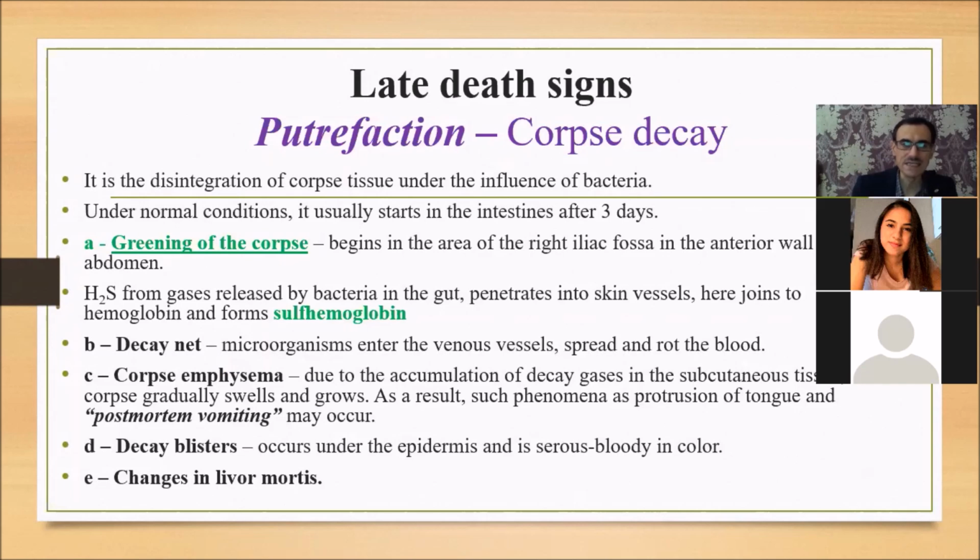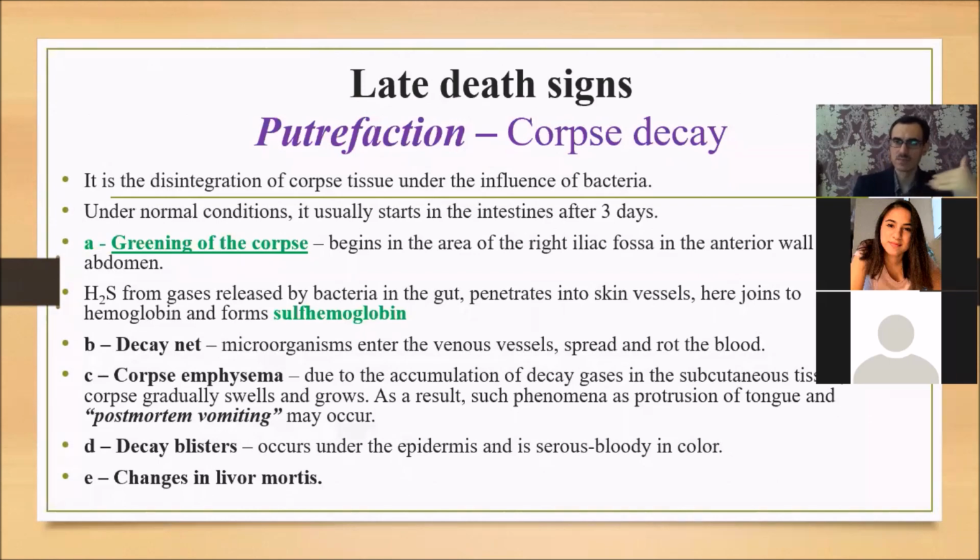One of them is greening of the corpse, which begins in the area of the right iliac fossa, on the anterior wall of the abdomen, and here forms a yellow color. Why? Because hydrogen sulfide from the gases released by bacteria in the gut penetrates into the skin vessels. Here it joins with hemoglobin and forms sulfhemoglobin, which is yellowish.